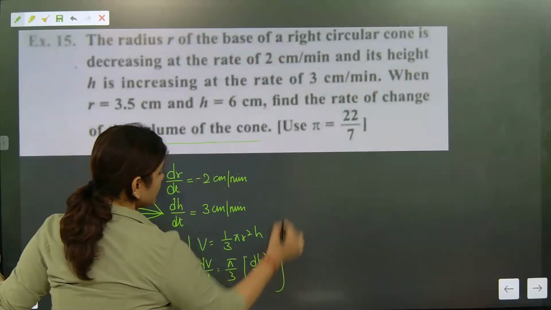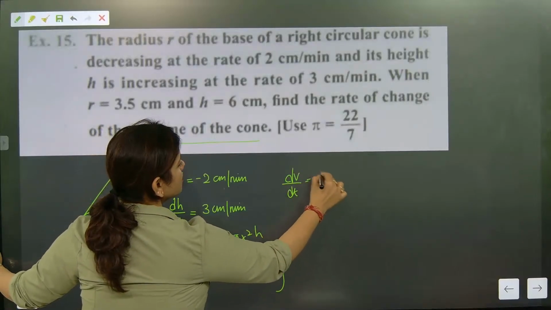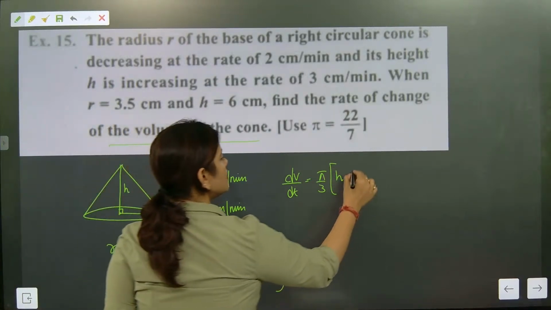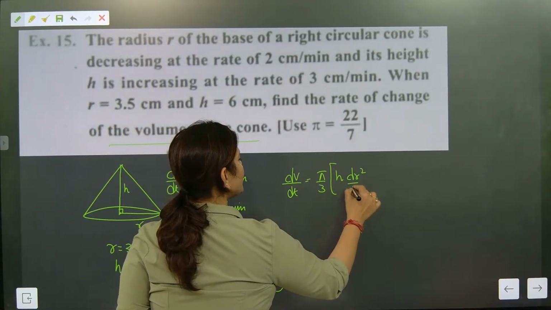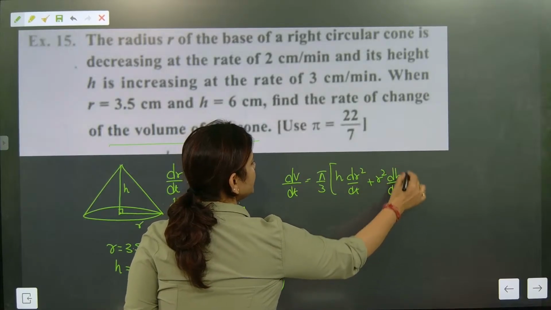So now dv by dt is equal to pi by 3 coming common. We will differentiate r square h with respect to t. Okay, so here it will become dv by dt equal to pi by 3. One time you leave h and you differentiate r square with respect to t, and r square dh by dt. Done.